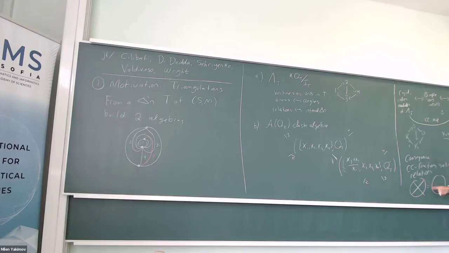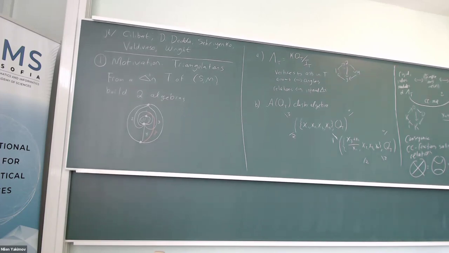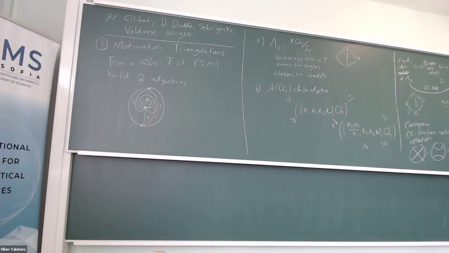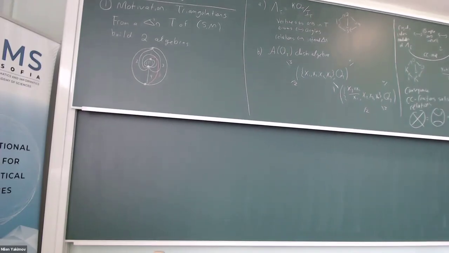Meaning, if I have two arcs that cross, they have corresponding modules, corresponding CC functions. And I can think about the two ways to resolve that intersection, and I get other CC functions, and the CC functions respect this diagram. That was some of our motivation. Basically our project was hunting for something like a CC function that would do this in a big set.